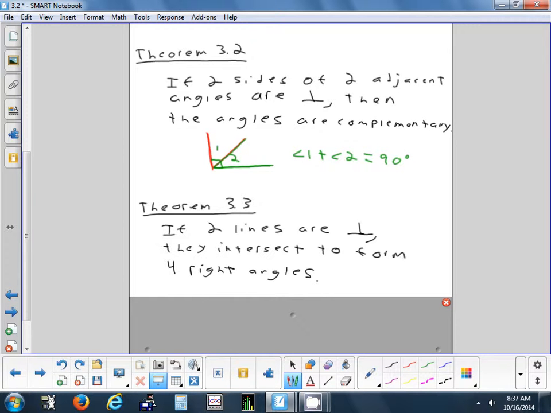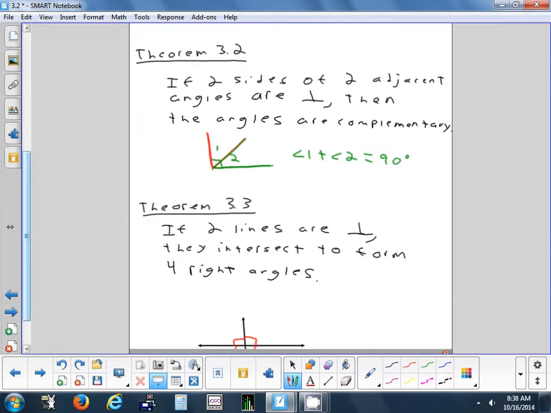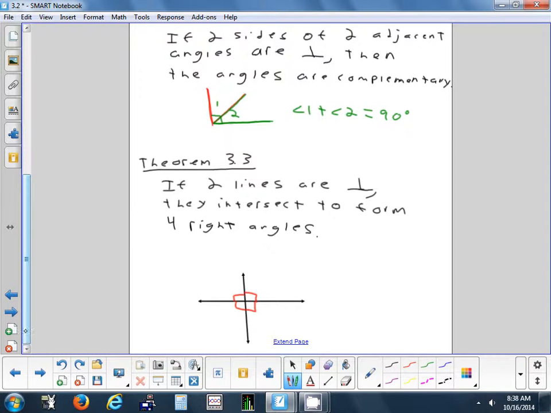Okay, if you have two lines that are perpendicular, then they intersect to form four right angles. Okay, I mentioned that idea earlier to you. Okay, so I might let you try that one on your own a little bit. Theorem 3.3.